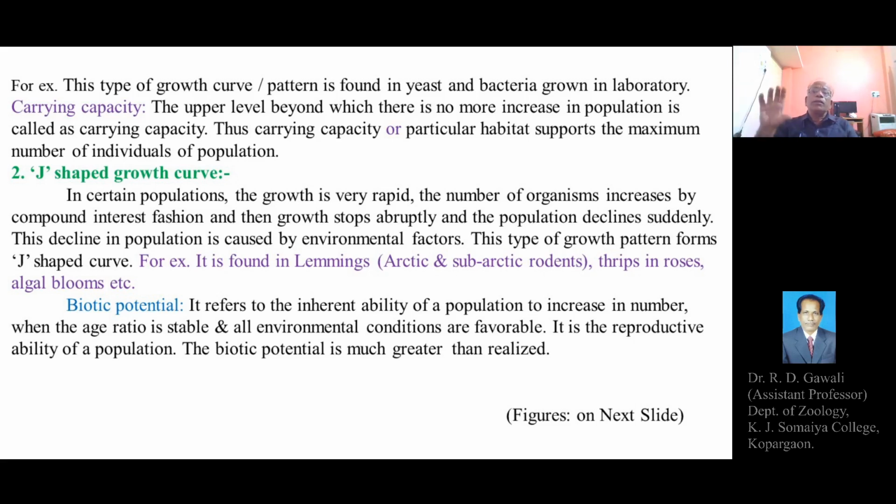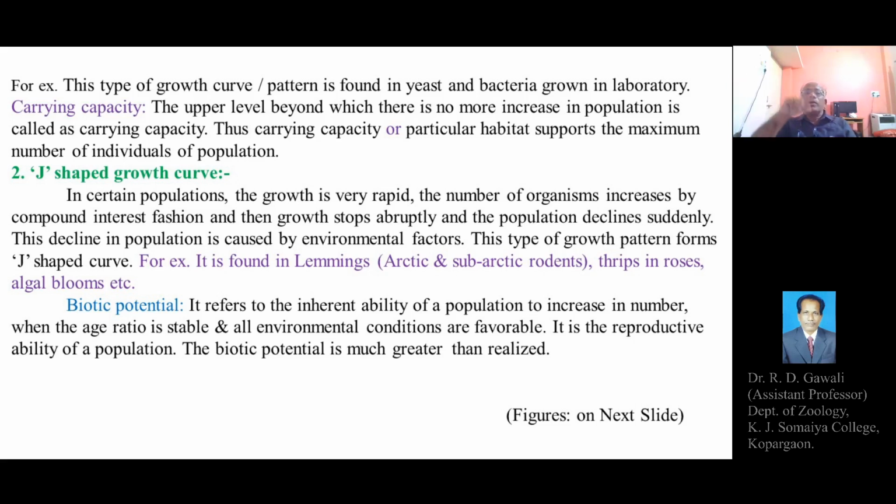So this particular amount of energy or abiotic factors will support a definite number of organisms only, that can support life with a particular number only. This is called carrying capacity. Beyond that, there is no increase in a population.